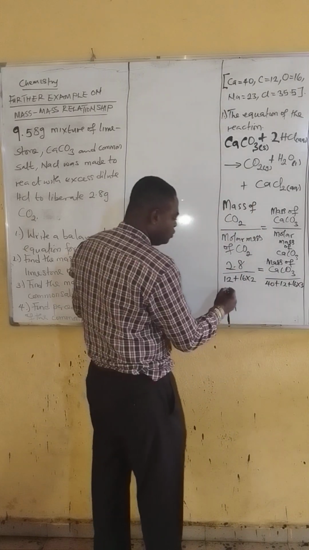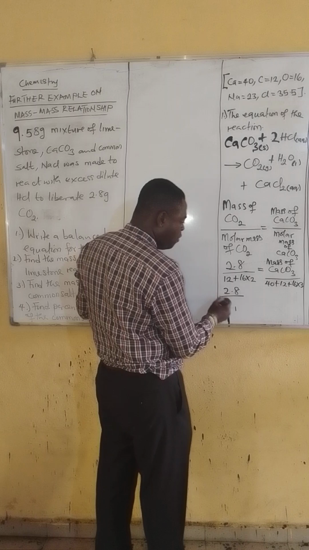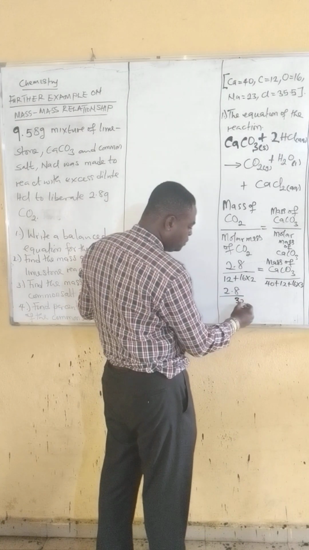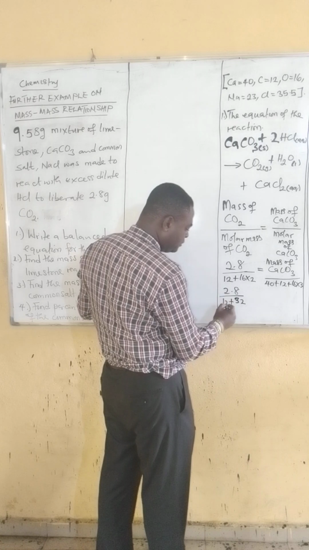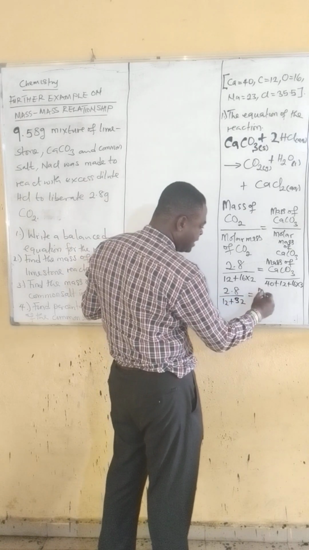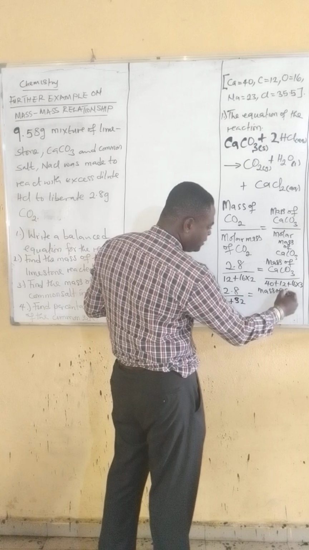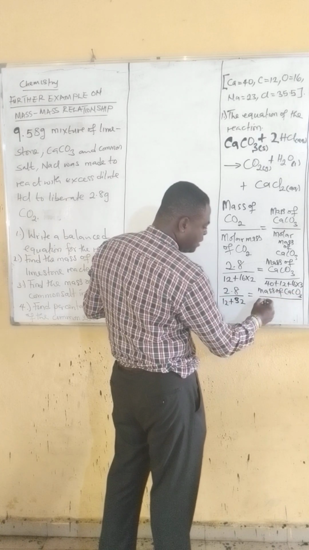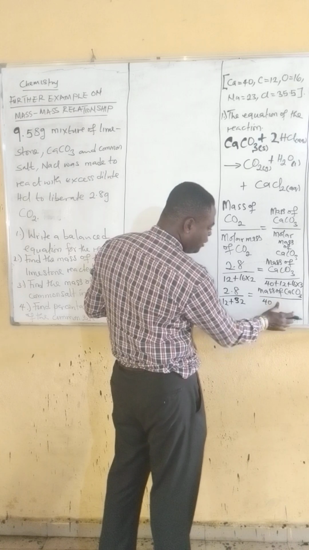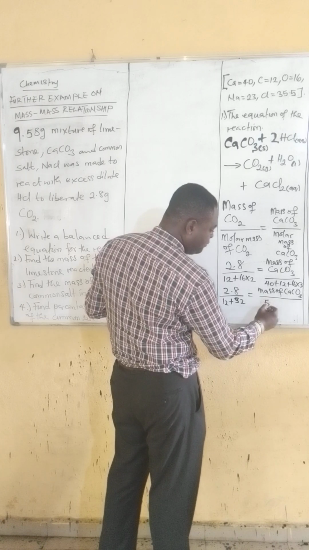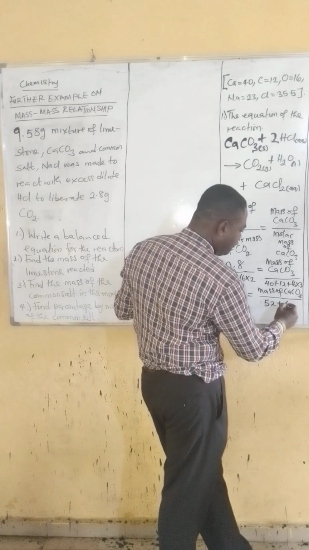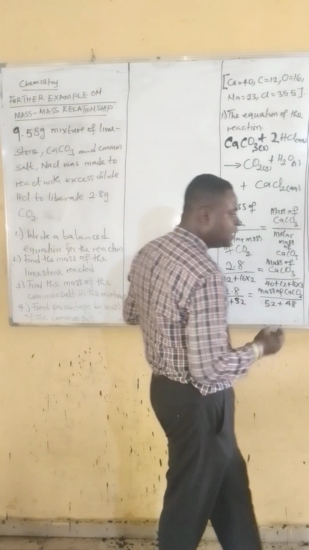So we have 2.8 over 16 times 2 is 32, plus 12, is equals to mass of CaCO3 over 40. 40 plus 12 will give us 52. Plus 16 times 3, that's 48.